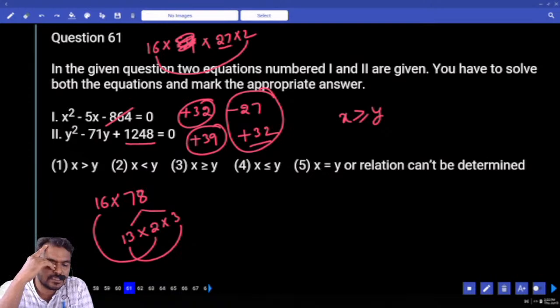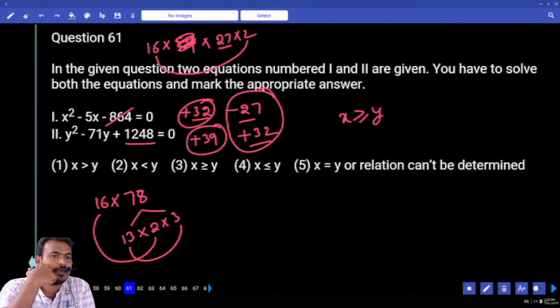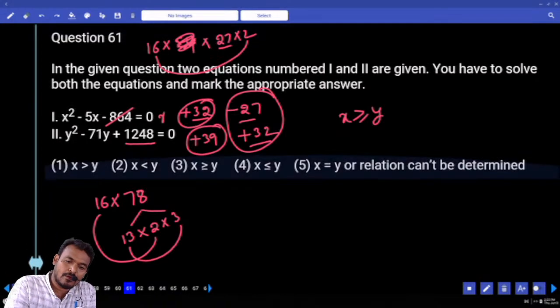(32 minus 27), greater or not? (32 minus 27), greater or less? Okay.